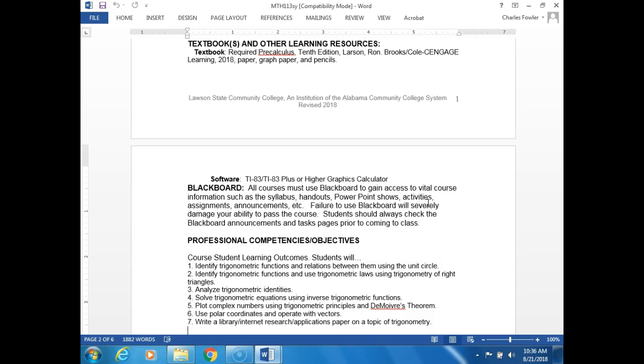In the text, at the end of every section, there are exercises. I always assign some of the odd number exercises. There are two reasons I assign odd number exercises. First reason, the answers are in the back. So when you're doing the exercises, get an answer, check the back, and if you got it right, figure you did well and go on to the next one.